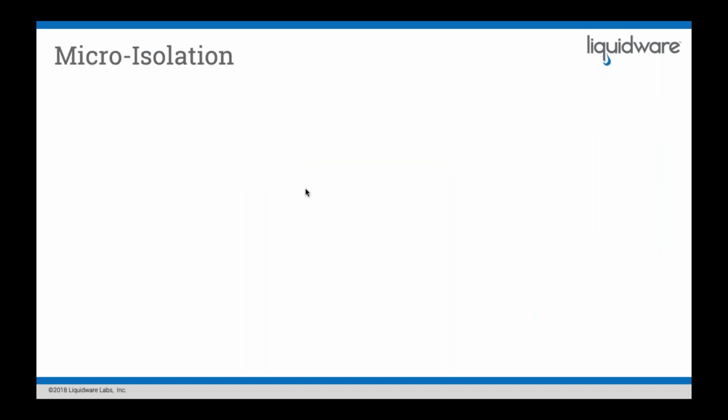Micro isolation. This is our ability to not have file and registry entry conflicts between FlexApp layers. So what happens? You've got your image, and within that image is micro isolation.